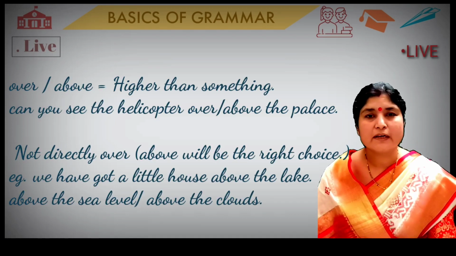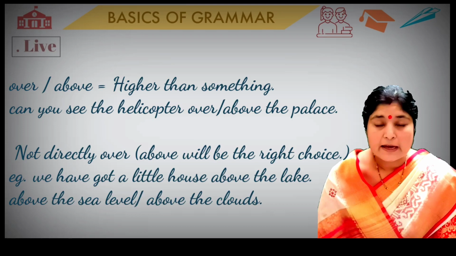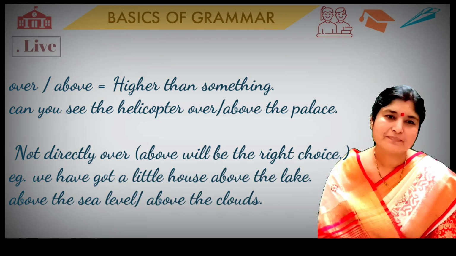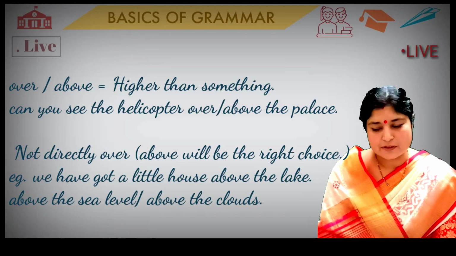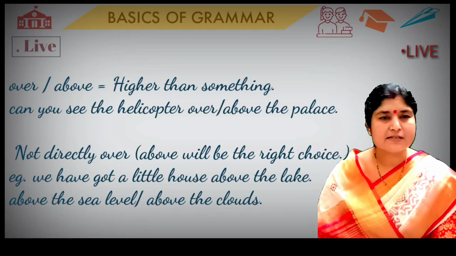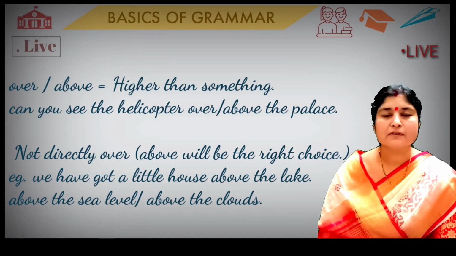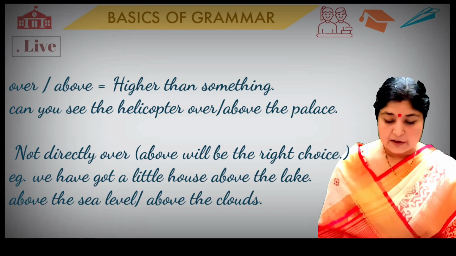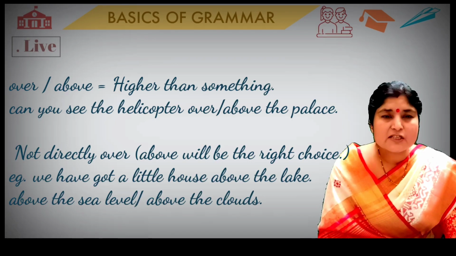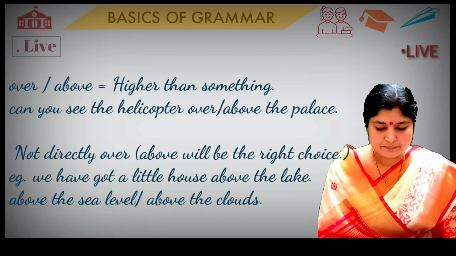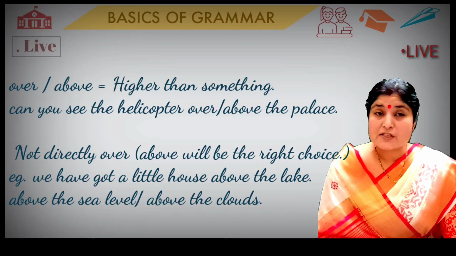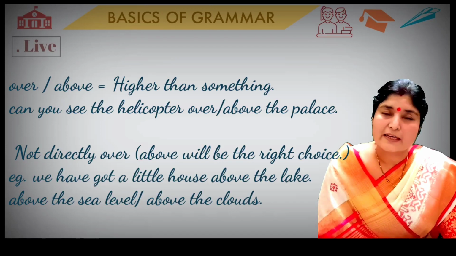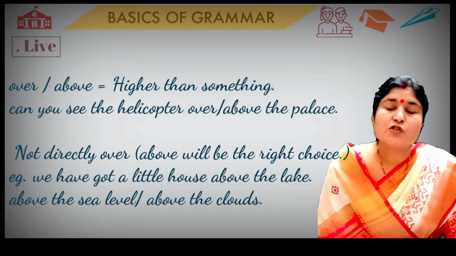Next, over and above. Over and above mean higher than something. Can you see the helicopter over the palace? When we talk about above, it is not directly over, and above will be the right choice here.